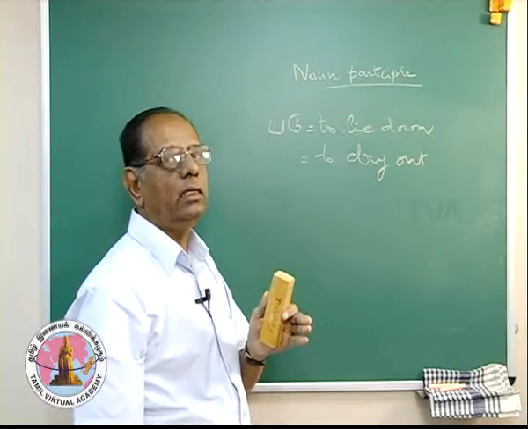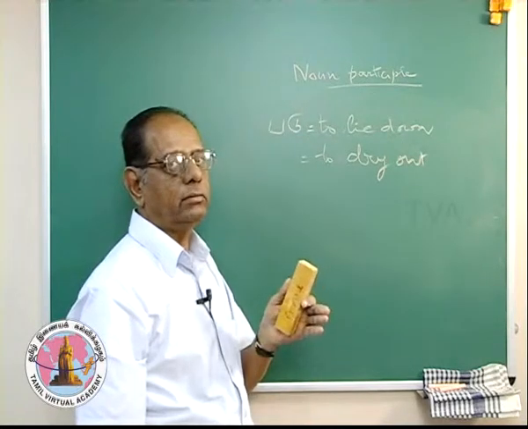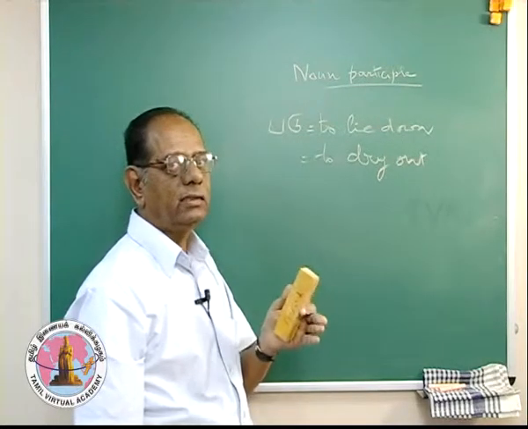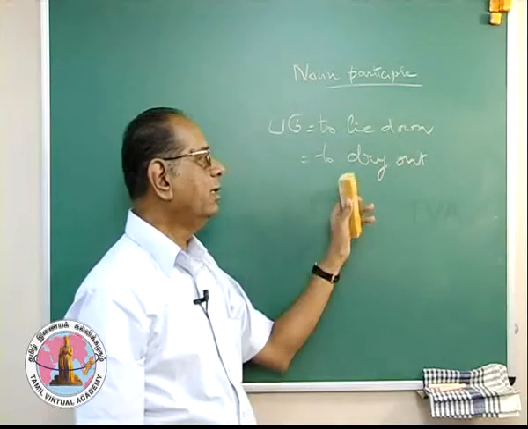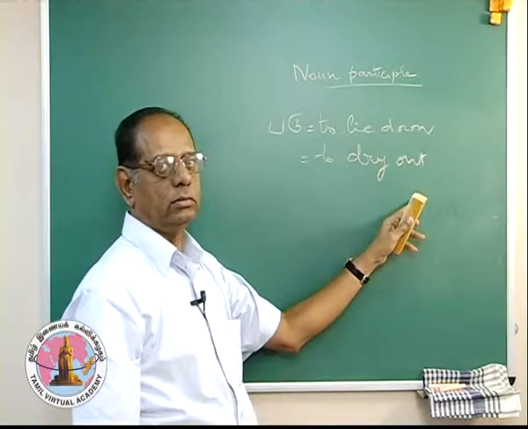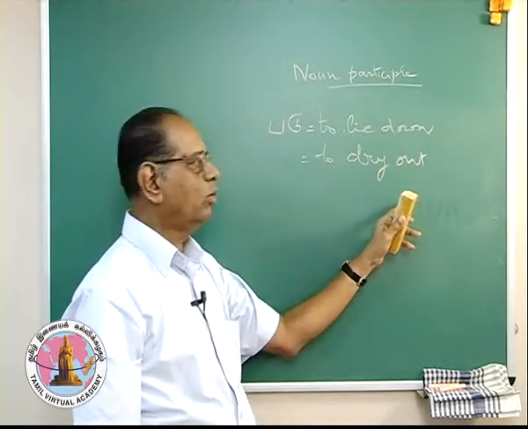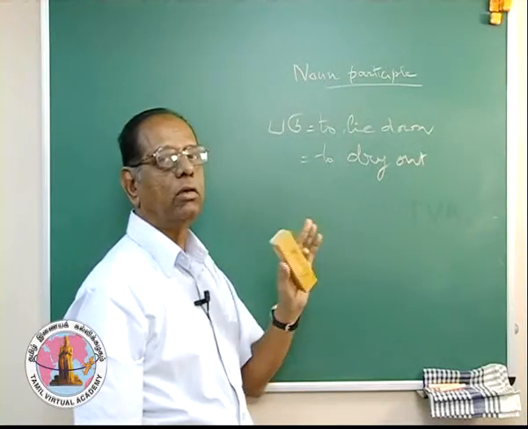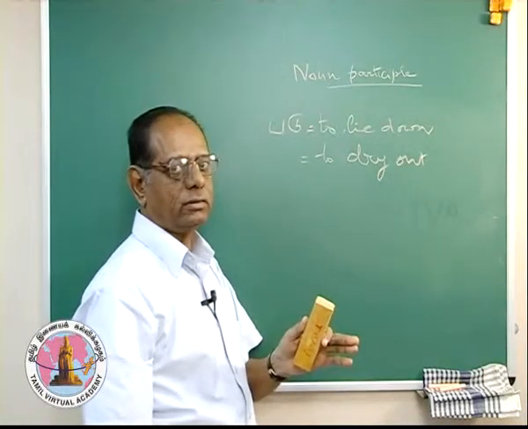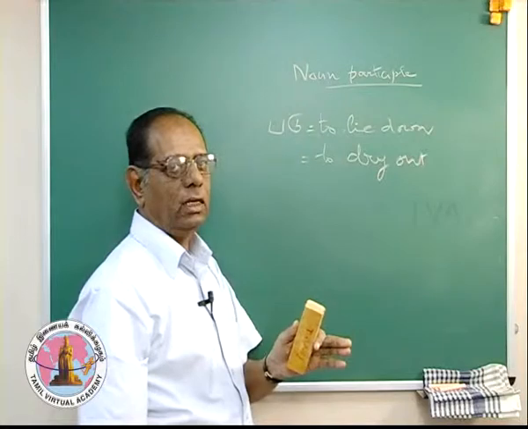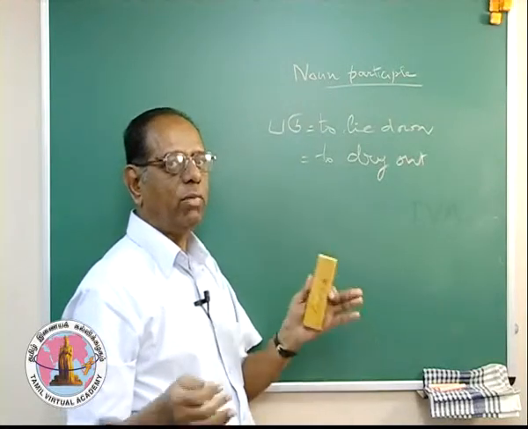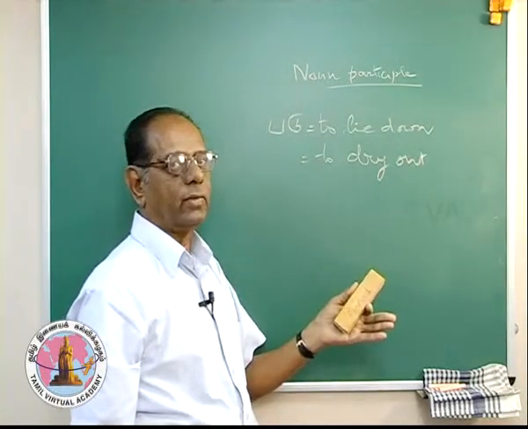A tree in course of time gets itself dried out. It has no more chlorophyll in it left. It becomes dry and brown in color.